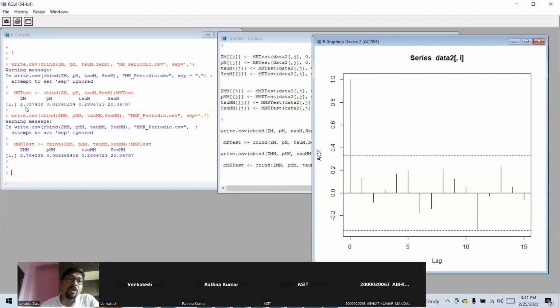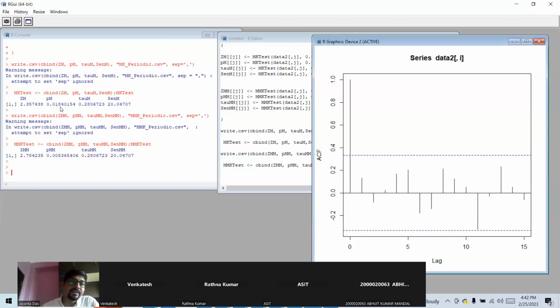It is significant at the 95% confidence interval, but it is not at the 99% confidence interval, because the p-value is not less than 0.01. If the p-value is less than 0.05, then it is the 95% confidence interval.